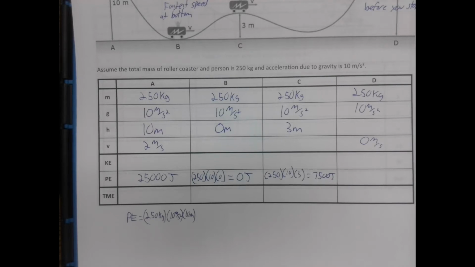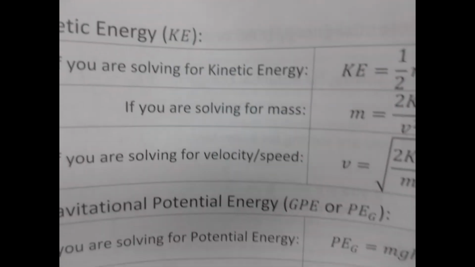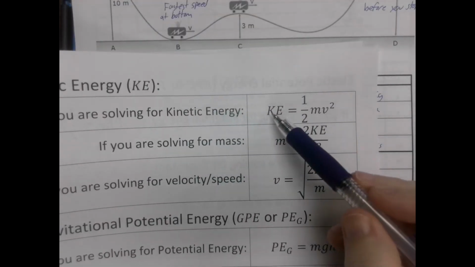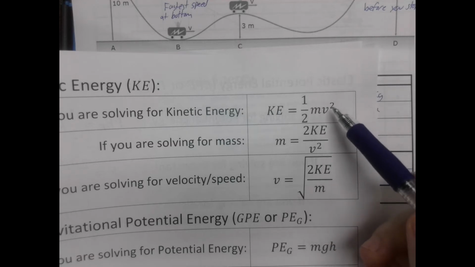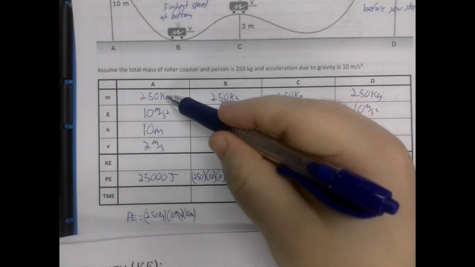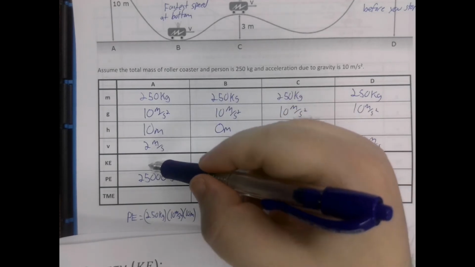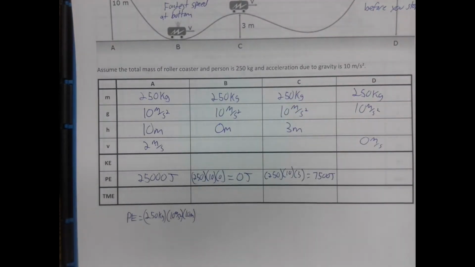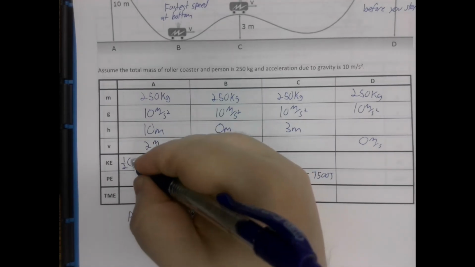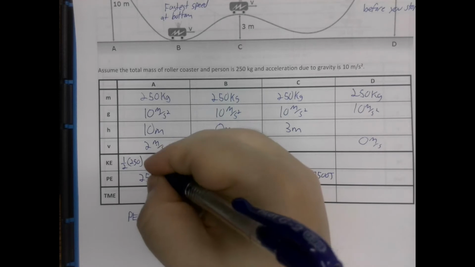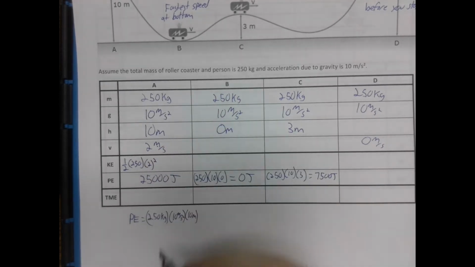Now let's see if we can solve for velocity, or kinetic energy. Let's see if we can solve for kinetic energy. Kinetic energy is equal to 1/2 times mass times velocity squared. So if we know mass and we know velocity, we can solve for kinetic energy. So this would be 1/2 times 250 times 2 squared.